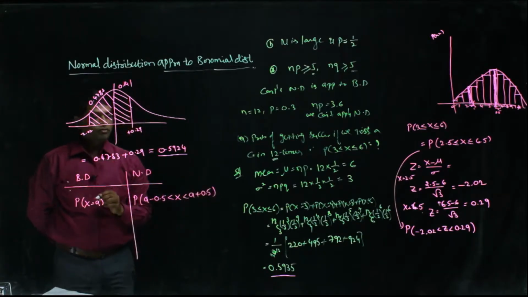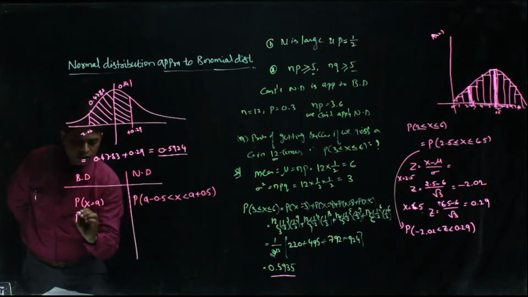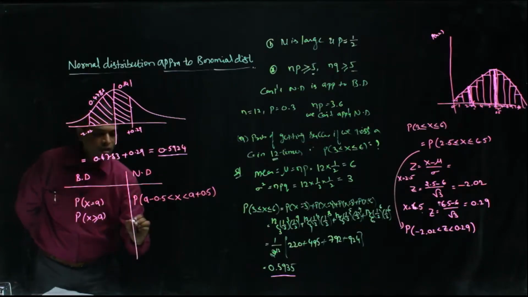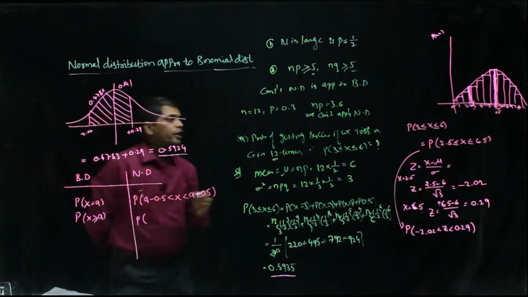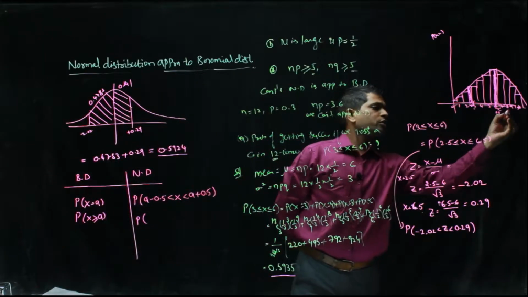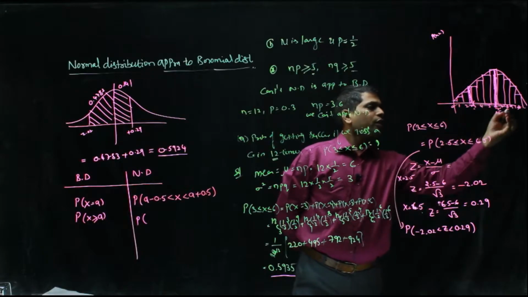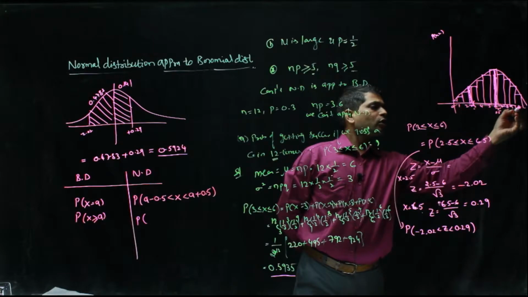So, in this way we will convert it. Next, when x is greater than or equal to a, suppose x is equal to 8. So 8 greater than or equal to a, that means this area I want to calculate.